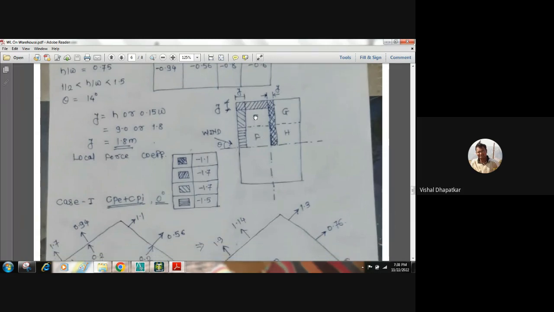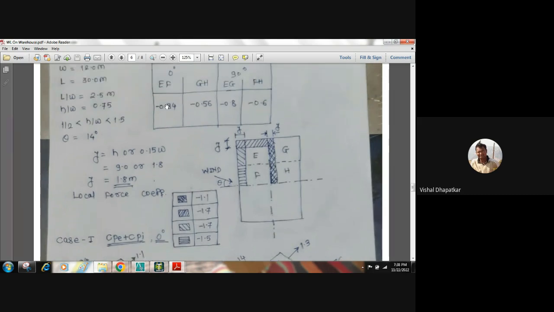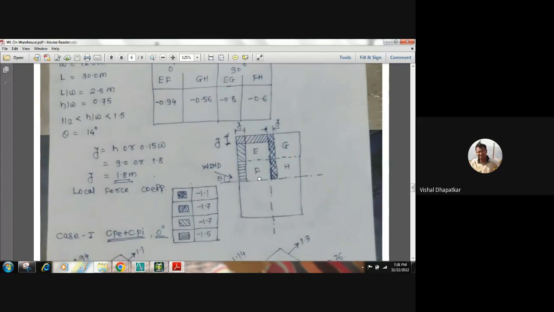This E and F, G and H phase will remain as it is, and it will have the force coefficient of 0.94, minus 0.56. EG is when wind is acting in 90 degree, minus 0.8, and FH is minus 0.6.